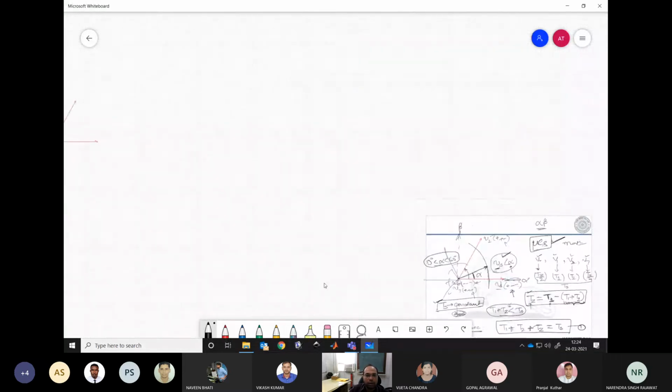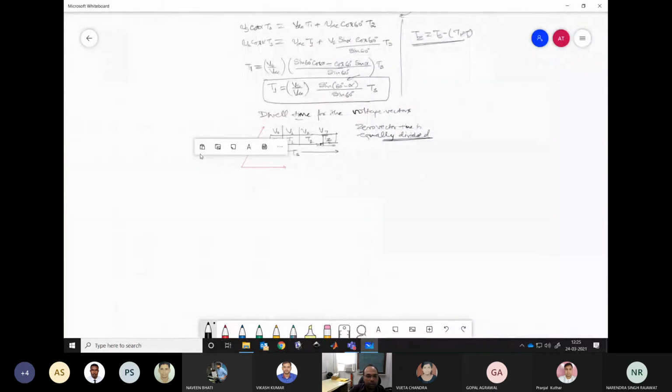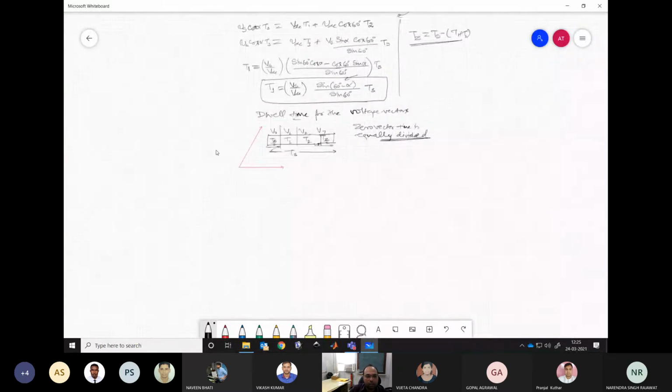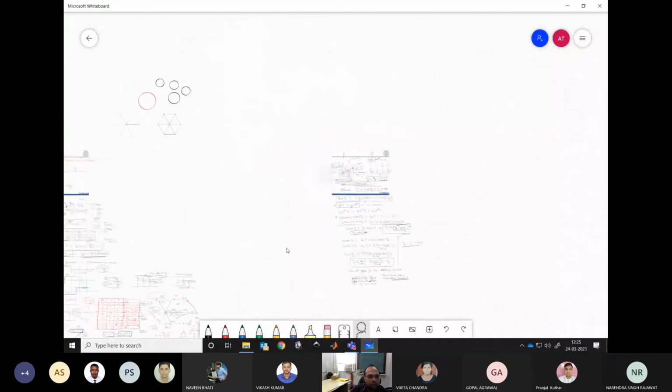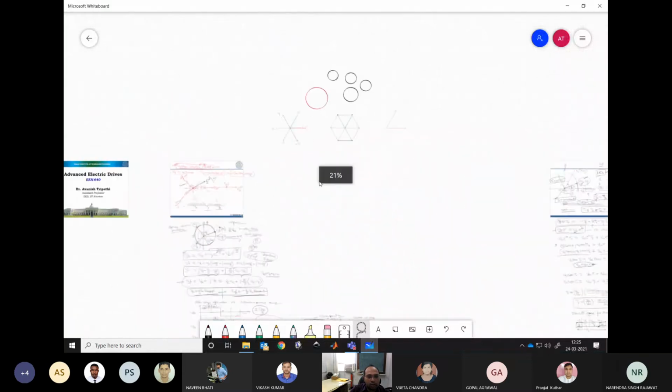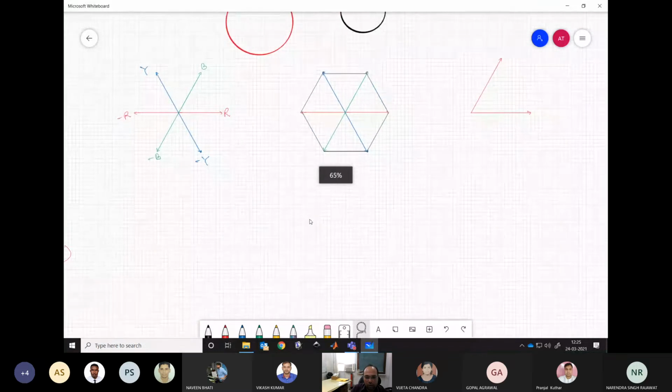So let me bring back that thing. Maybe first I'll put the sector also over here, and maybe bringing back the hexagon. That is our complete cycle.